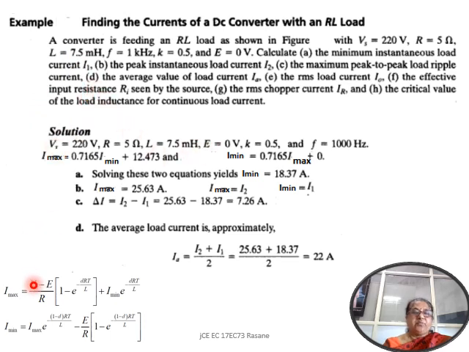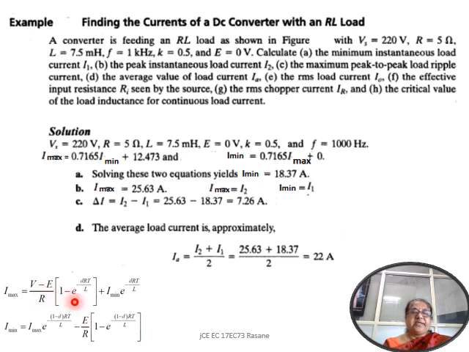So I minimum and I maximum, we have these two formulas, or I have already evaluated by substituting I minimum here. We have evaluated the I max. You can either use that formula or you can use these two formulas and get the expression for I max in terms of I minimum. So for I max we have used V minus E by R. V is given as 220, E is 0, R is 5, right?